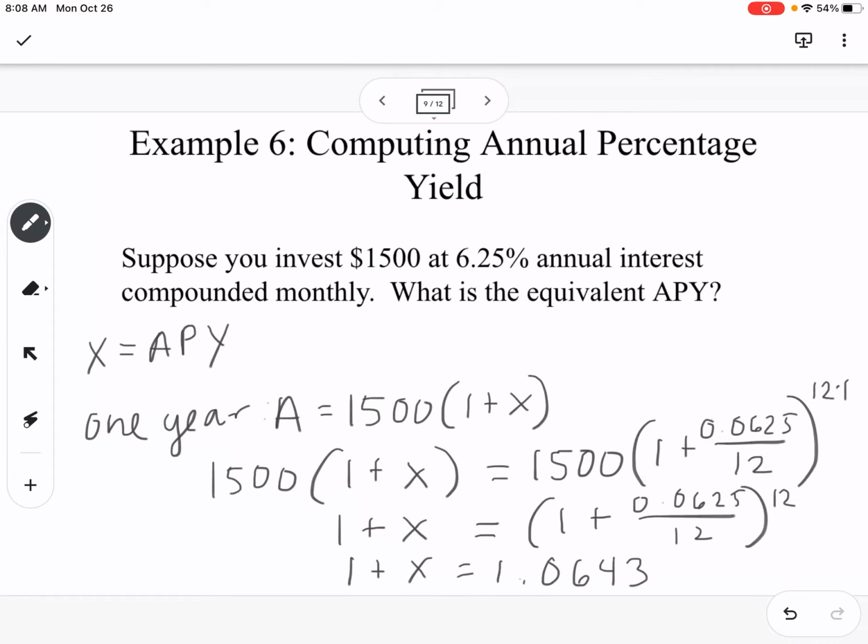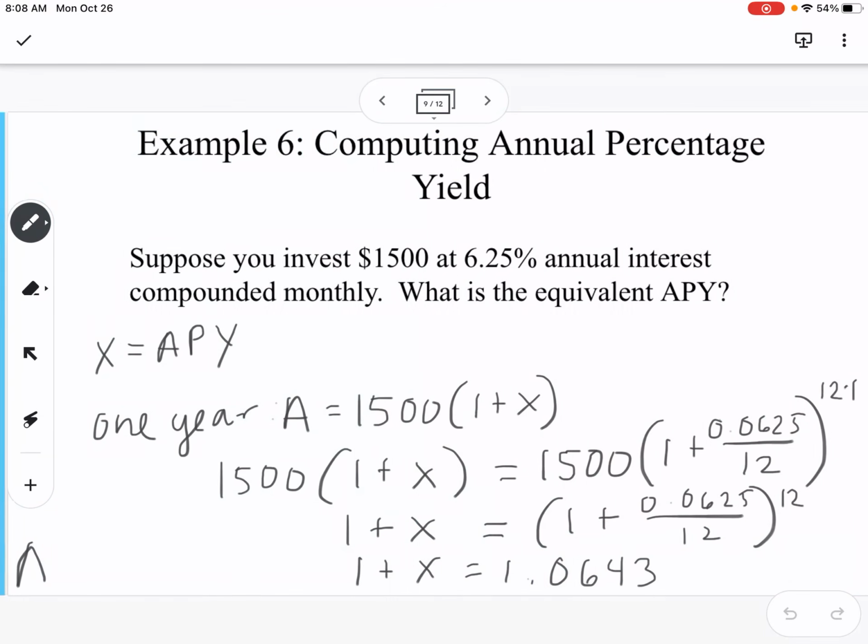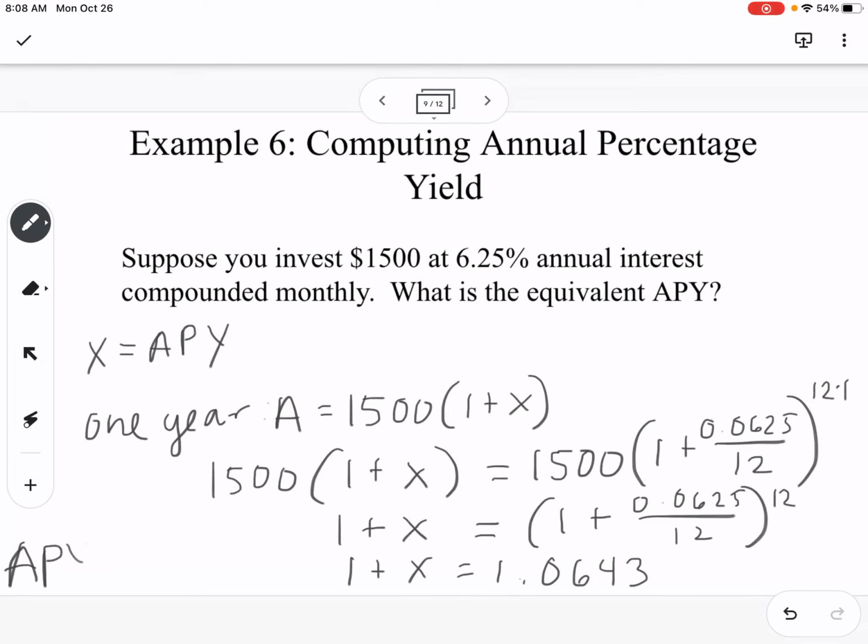If we subtract 1 from both sides, we can tell that X is 0.0643. If we put that back into a percentage, we get 6.43%, which would be our annual percentage yield.